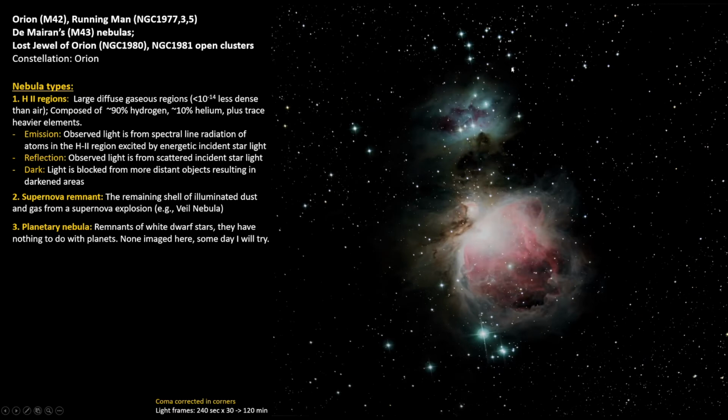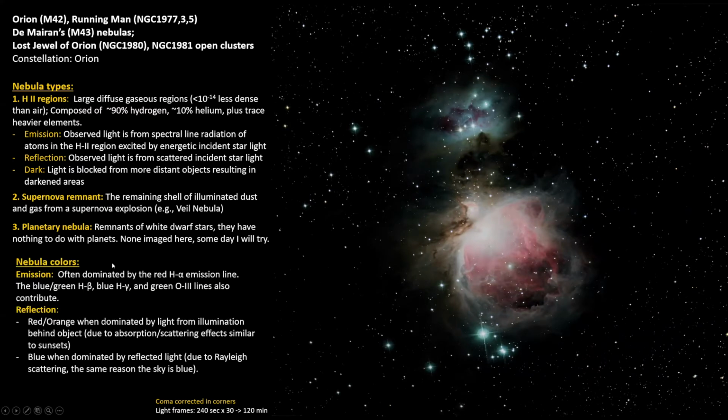So what causes the colors that you see in the nebula? Emission nebulas are often dominated by the red H-alpha emission. You also get some blue-green color from the hydrogen beta and blue hydrogen gamma lines, and green color from oxygen III lines.